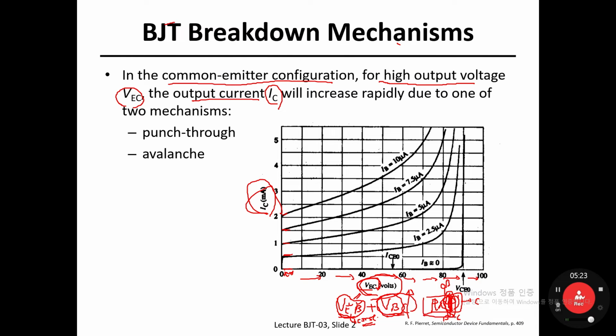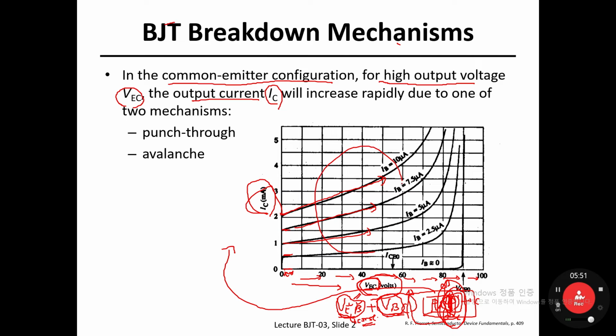Similarly, in this PNP BJT device, your base collector junction is under super reverse bias. Then you may expect breakdown events to happen in this base collector junction. This physical breakdown event would give us this ever increasing output current versus output voltage.